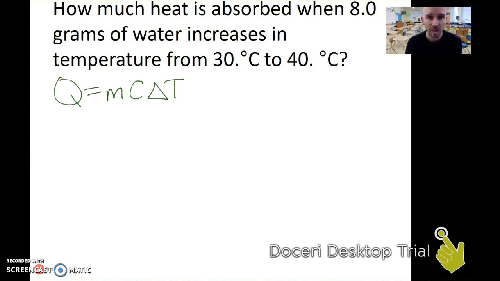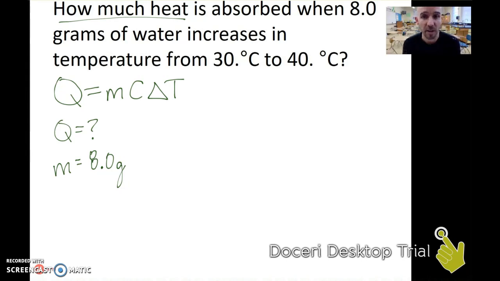The question says how much heat is absorbed, so heat would be the heat energy. I can already tell that I'm looking for heat because it says how much heat or heat energy is absorbed when 8.0 grams, okay, that would be a mass if it's in grams, of water increases in temperature from 30 degrees Celsius to 40 degrees Celsius.